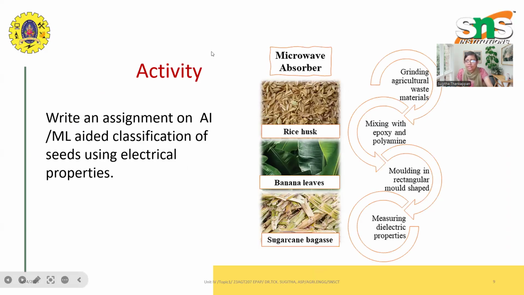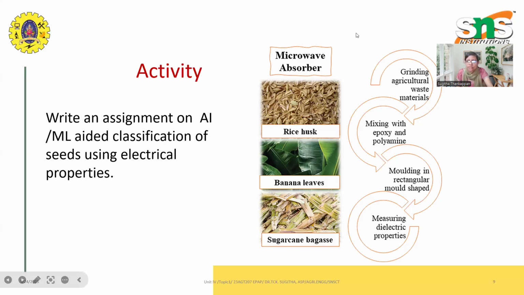Here I have given an example. In today's scenario, people are employing biological material in material science for making a number of products, even packaging, bioplastics, etc. You can employ rice husk, banana leaves, sugarcane bagasse, any residues.